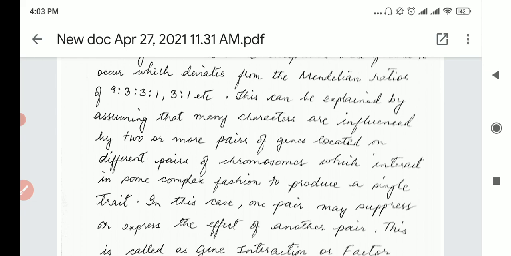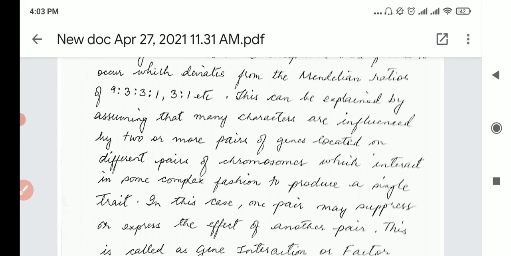We can explain why they showed the deviation from the normal Mendelian ratio, because there were two or more pairs of genes located on different chromosomes. It may be one pair of genes, AA, might be located on chromosome 1, BB might be located on chromosome 22, CC alleles may be located on chromosome 15.